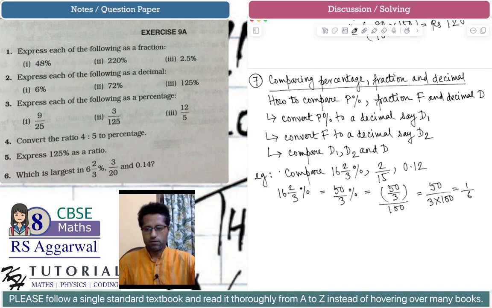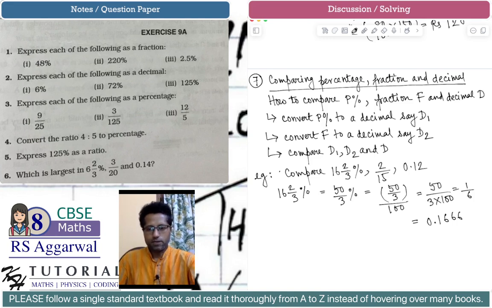Now we have to convert this fraction 1 by 6 to a decimal. So 1 by 6 as a decimal is 0.1666, and the 6 will go on. So 16 and 2 by 3 percentage is equal to 0.1666 decimal.